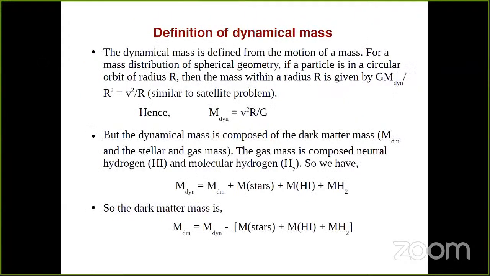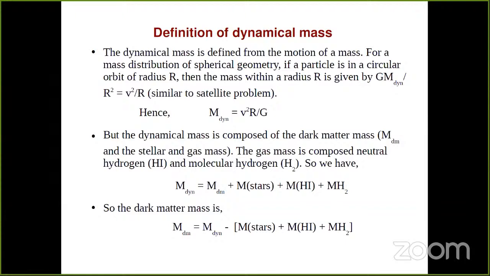It's very simple. You all know from the satellite problem that the dynamical mass is given by V squared R divided by G. If you take the last radius R from the rotation curve and the flat velocity V at that point, then you can calculate the dynamical mass.